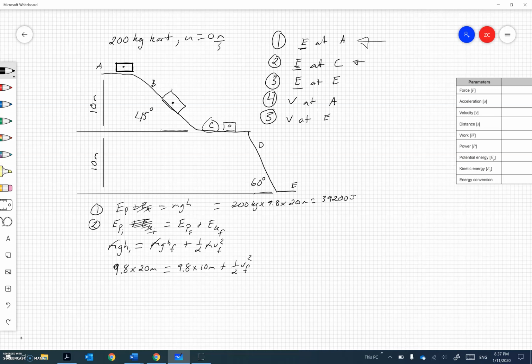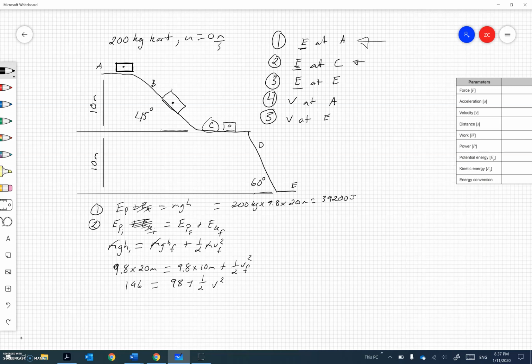So let's look now at 9.8 times 20, which is 196, is equal to 98 plus 1/2 v squared.